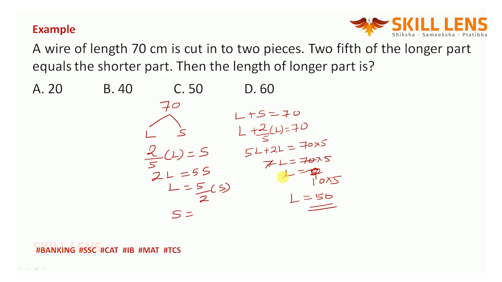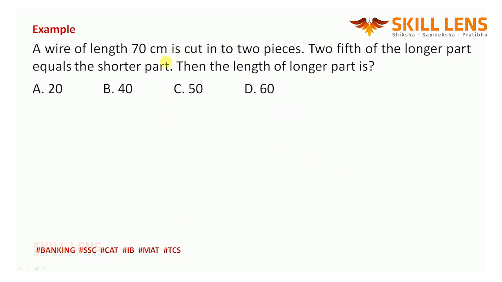Do you really need this approach for this question? No, this is the traditional way of doing the question. What is the other way around? A lot of people will do it like this.